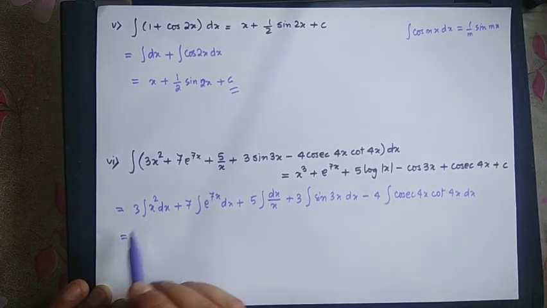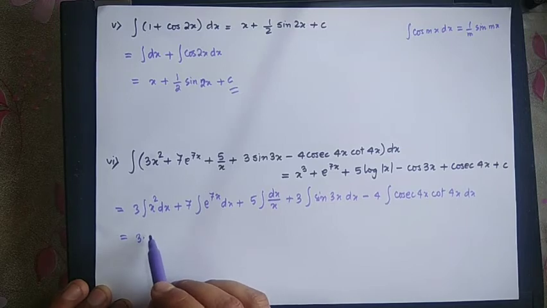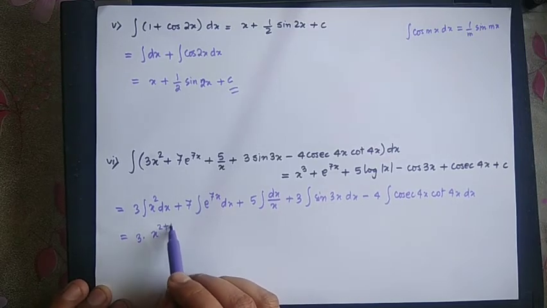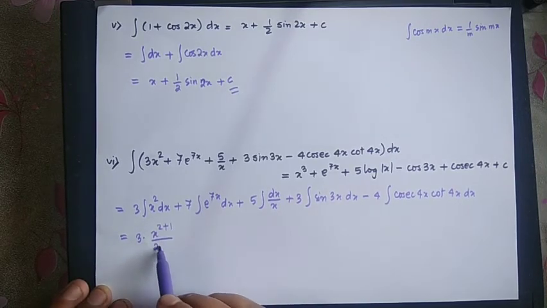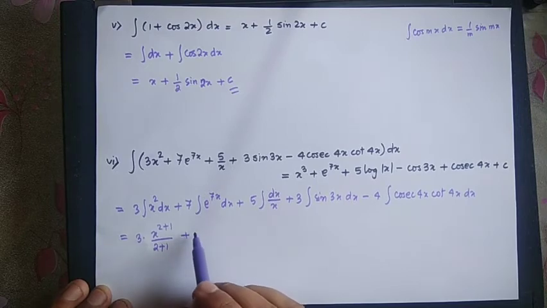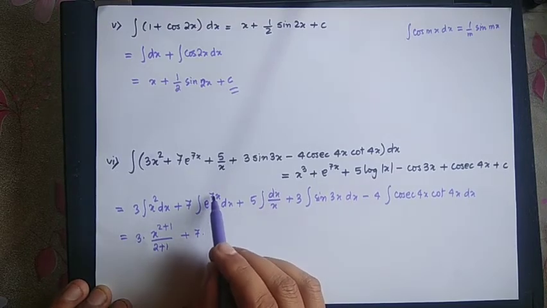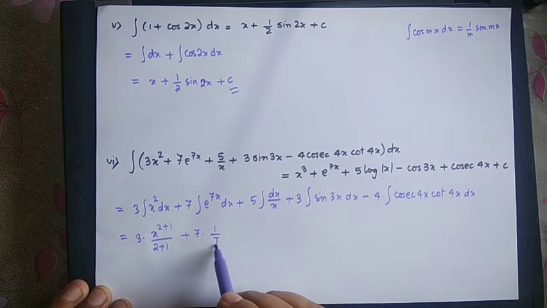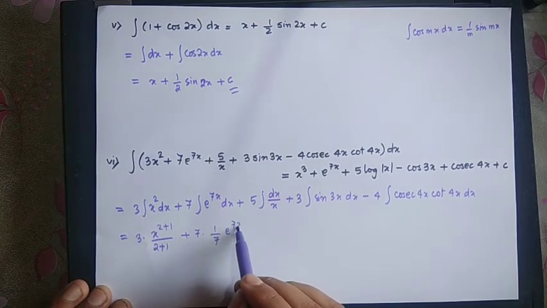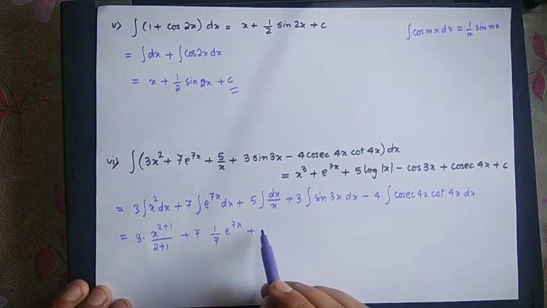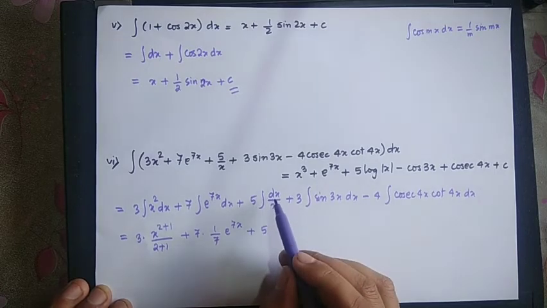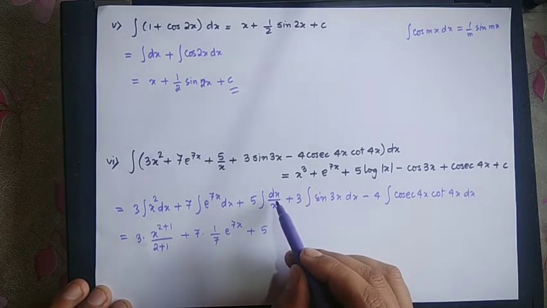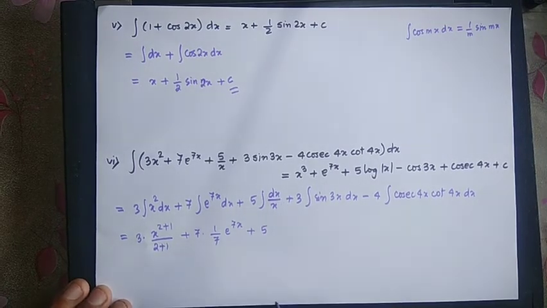So this is x to the power n, so this is 3 into x to the power n plus 1 by n plus 1, plus 7 e to the power mx, so it will be 1 by m e to the power mx, yes, plus 5. Now the integration of 1 by x with respect to x, that is the integral of dx by x, is how much?